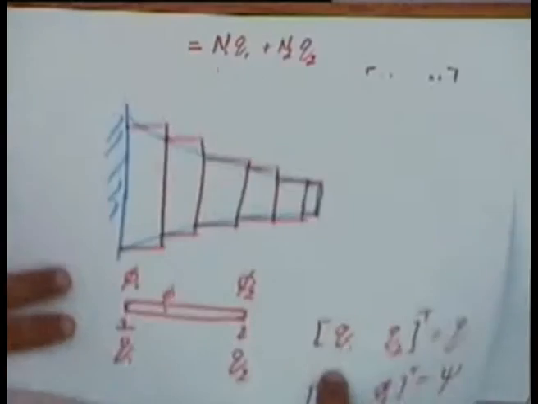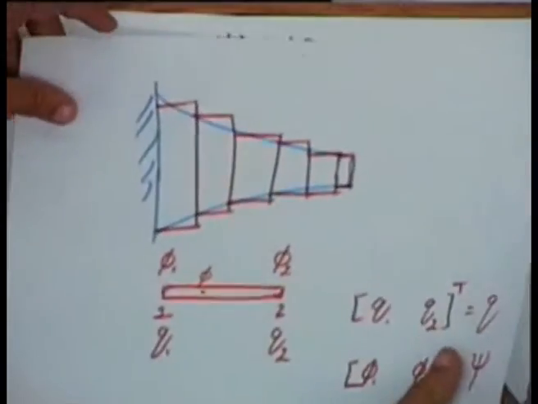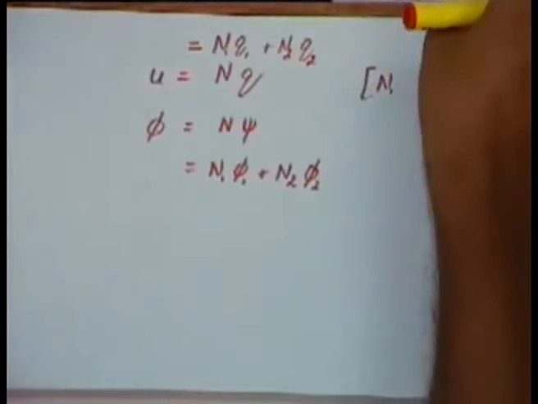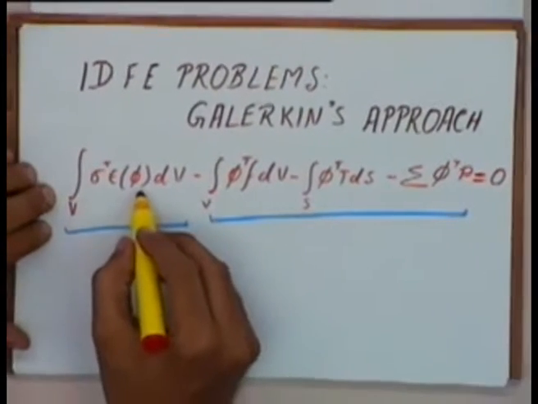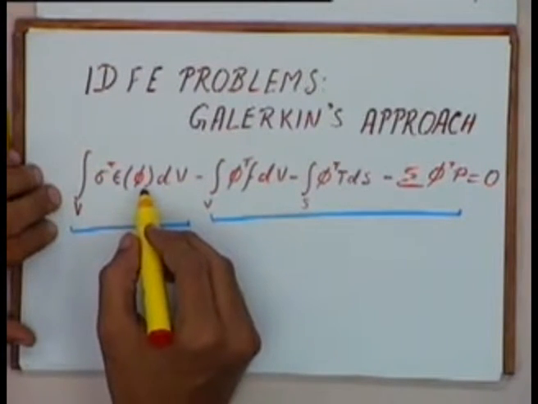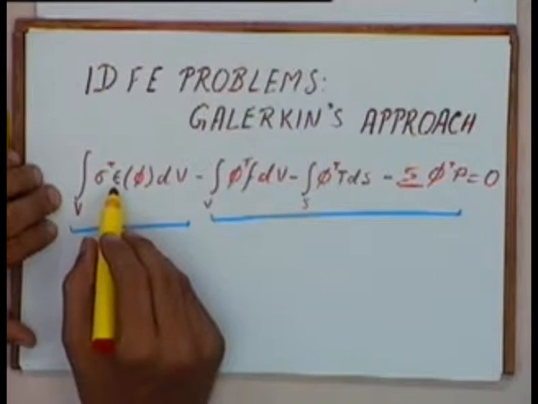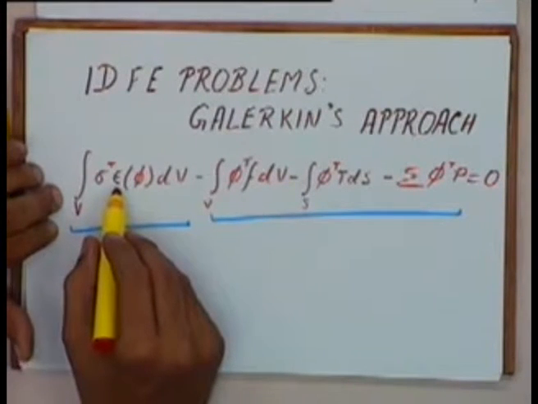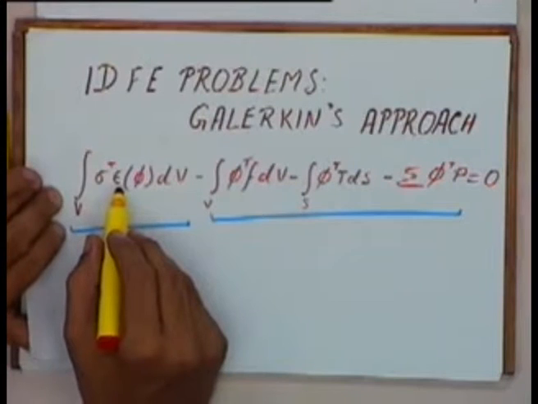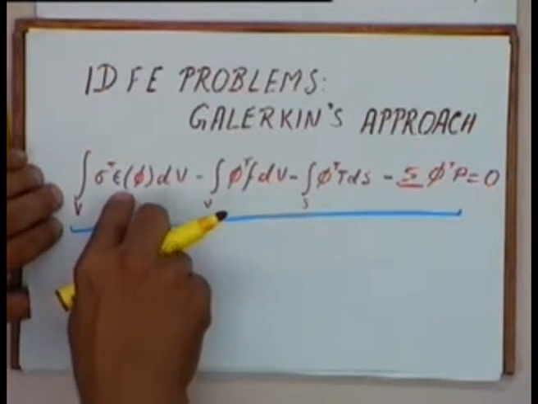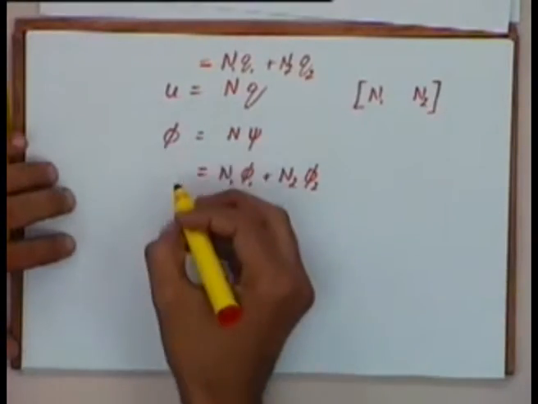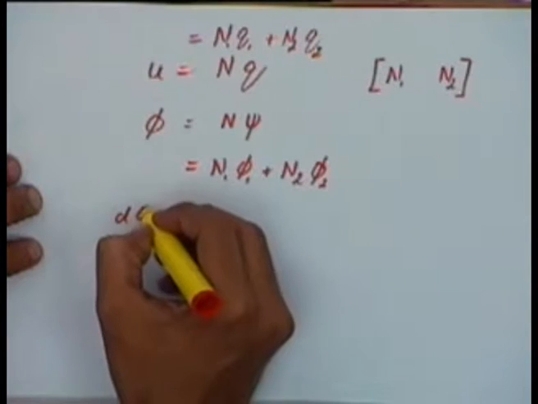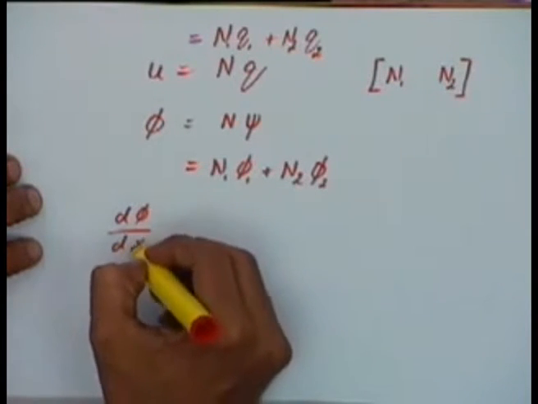Okay, the next step, if you notice, the first term that we have here has a term of epsilon of phi, and we said that this epsilon, this strain, is the strain that will be caused by the virtual displacement that we are giving. Okay, so this strain caused by the virtual displacement will be nothing but d phi by dx.